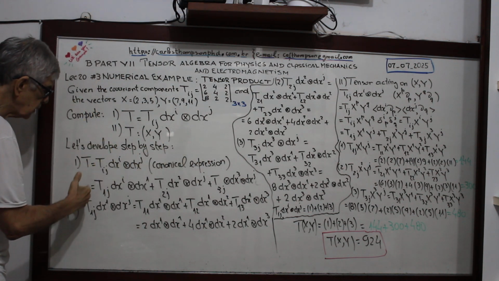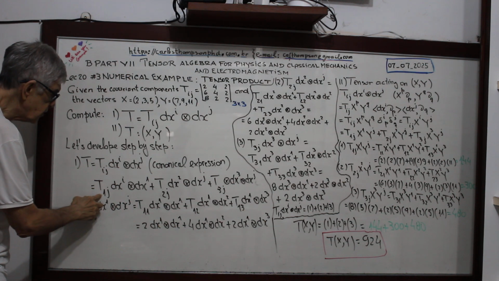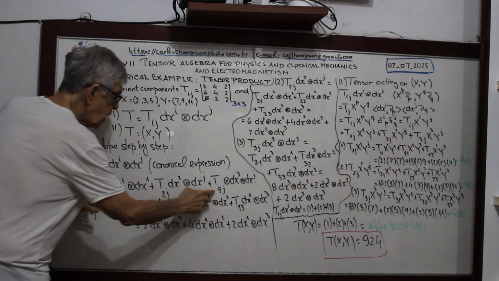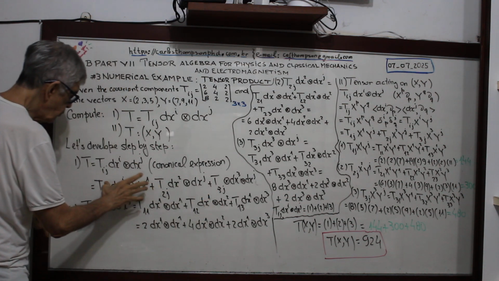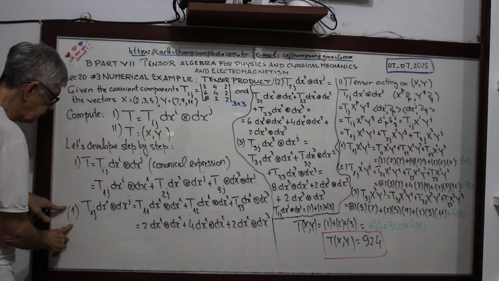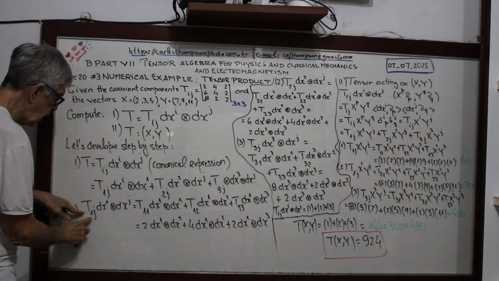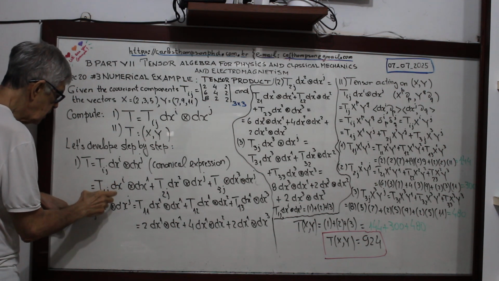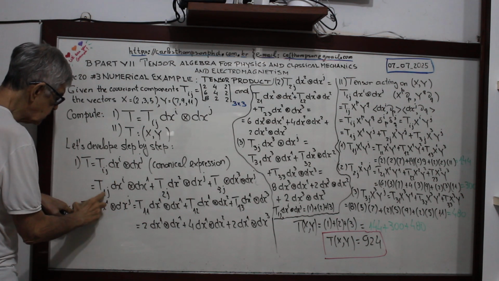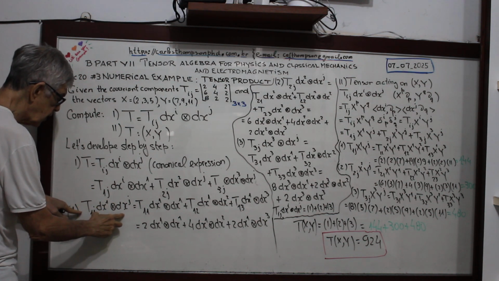So let's expand. Here i is equal to 1, i is equal to 2, and i is equal to 3. Now, this term over here I call item 1. I copy from here to here, so this is T_1j dx^1 dx^j.